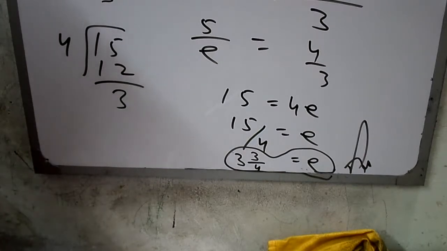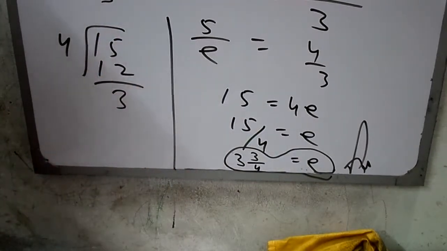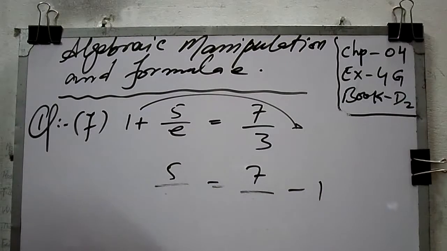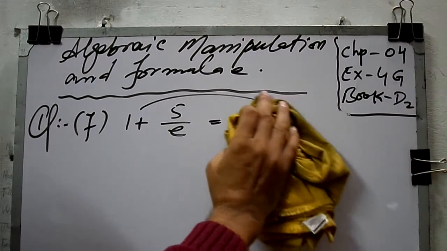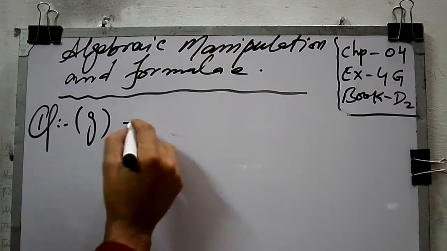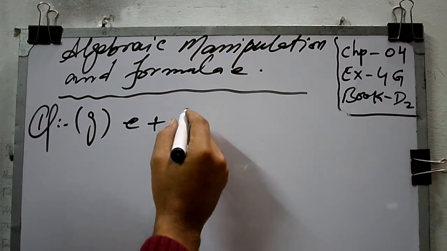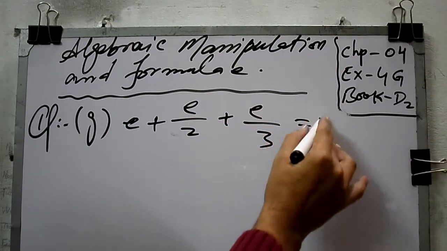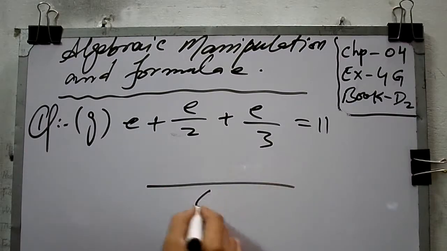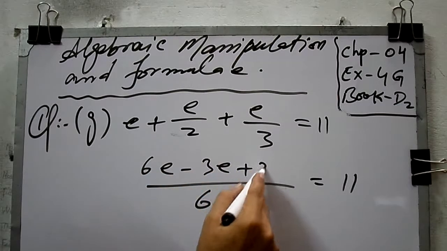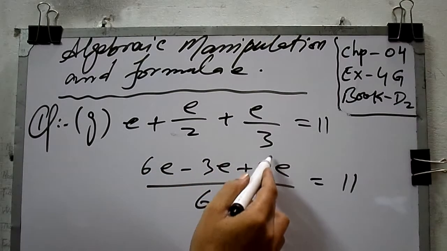Now coming to the next part, G part: e plus e by 2 plus e by 3 is equal to 11. Now taking LCM, 6 is your LCM. So after taking LCM, similar terms will be added and subtracted.